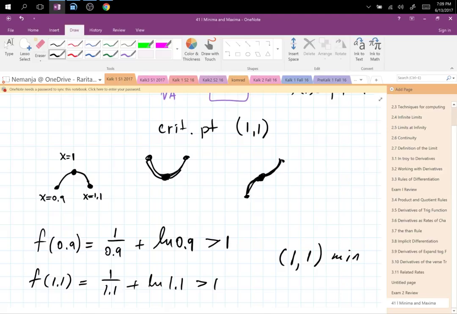So 1 must be a minimum. Don't go far, don't go 1 unit, because you don't want to jump the asymptote. Stay close to number 1 as you compute.